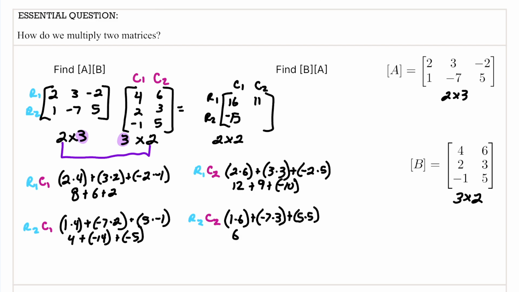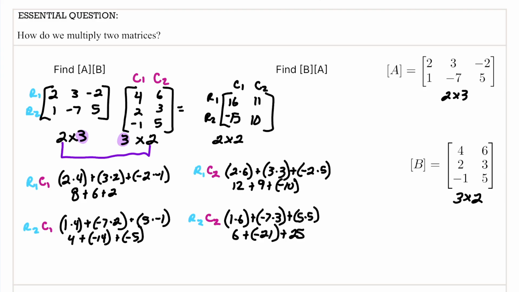So that's 6 plus negative 21 plus 25. So that would be 4 plus 6 is 10. So that is the product of matrix A times matrix B.